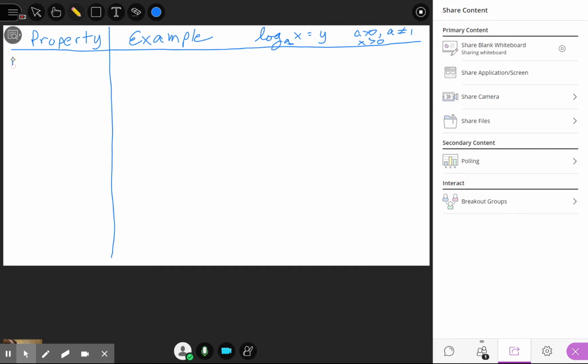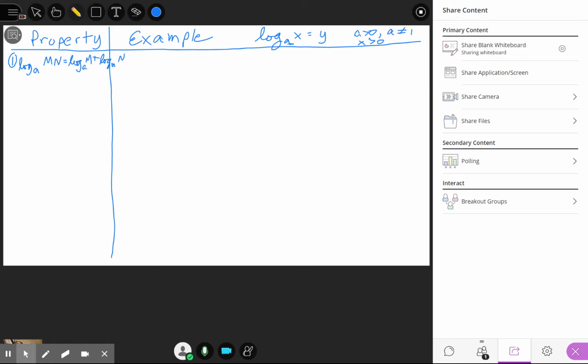Property number 1 is the product rule, and the product rule says log base a of m times n is the same as log base a of m plus log base a of n. Now for the lab, I need you to write all the properties and give an example of each.